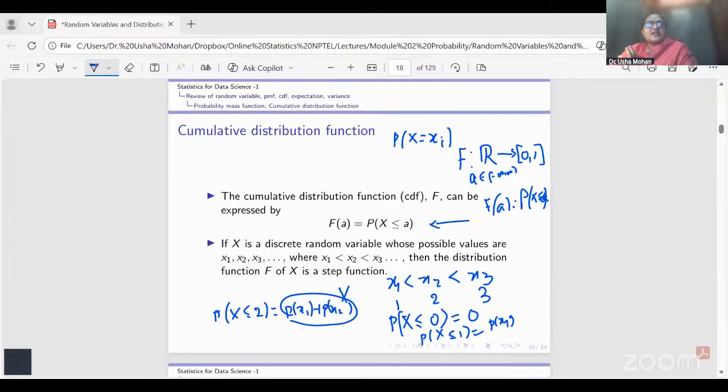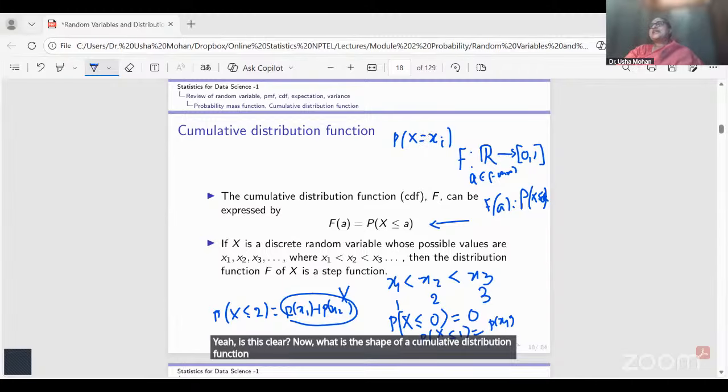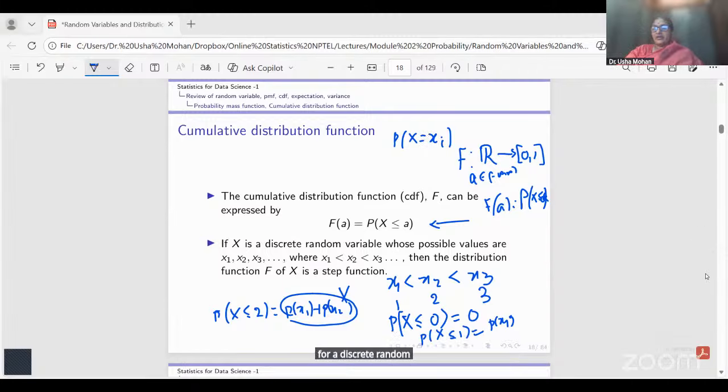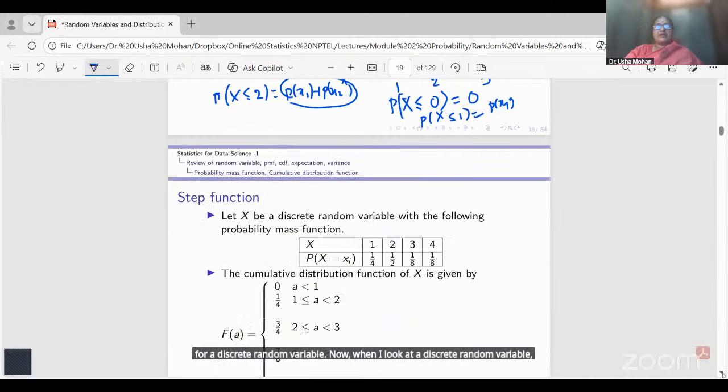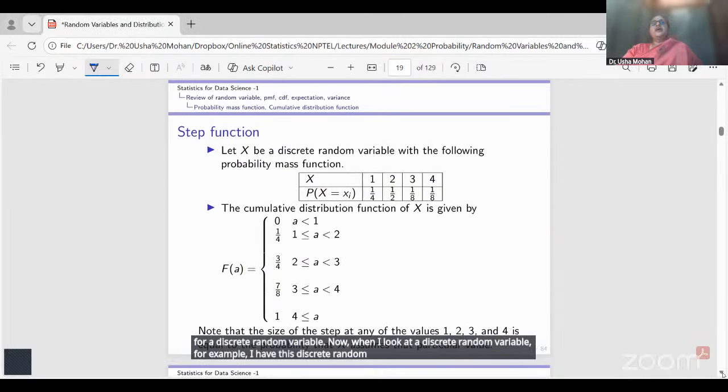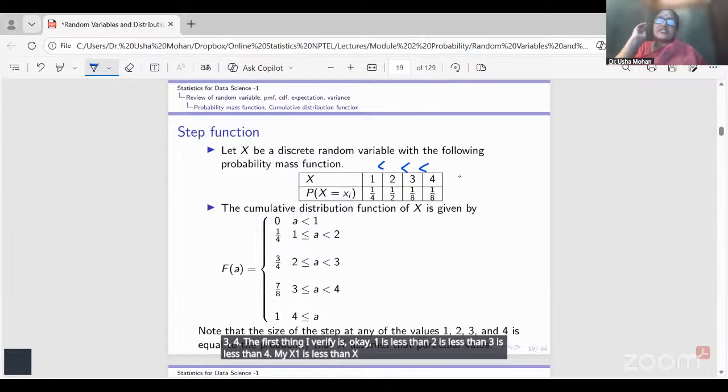Is this clear? Now, what is the shape of a cumulative distribution function for a discrete random variable? For example, I have this discrete random variable here, where x is taking 1, 2, 3, 4. The first thing I verify is that 1 is less than 2, is less than 3, is less than 4, so x1 is less than x2, is less than x3.